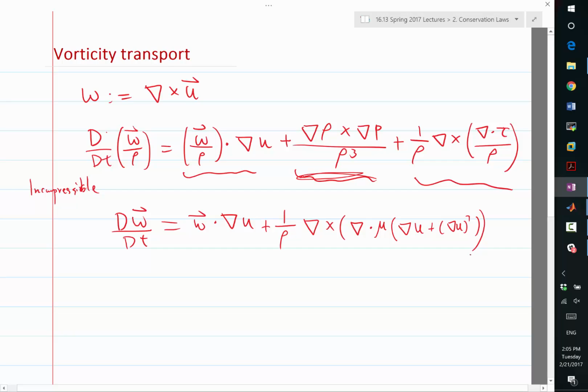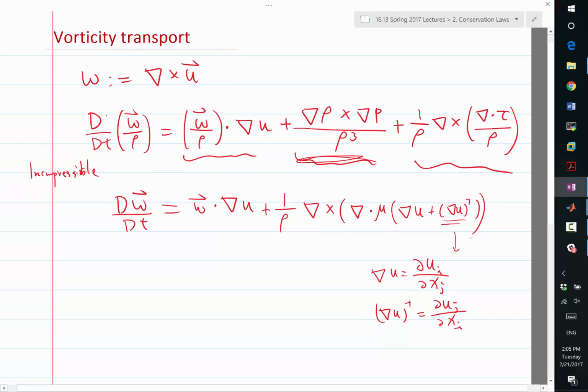Okay, and here I want to point out why for incompressible flows you don't need to include that term. Because if you write in Einstein notation, that is partial u_i, partial x_j, right? This is equal to that, and the transpose is just switching the indices.